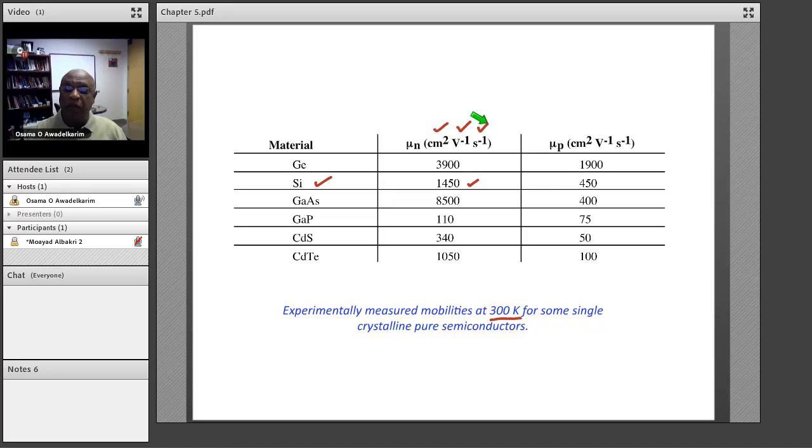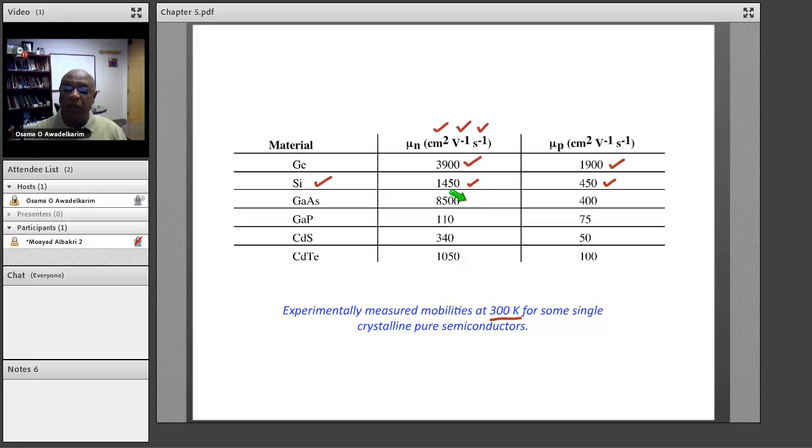And the mobility for holes in silicon, they found to be 450. In germanium, we have higher mobility for electrons and higher mobility for holes. So that means maybe in germanium we have lighter electrons with a smaller mass, and a longer average time between collisions. That's why we have higher mobility.